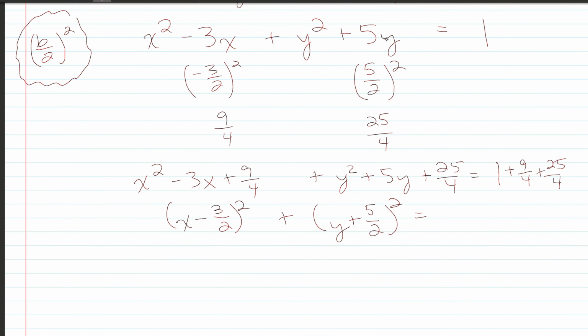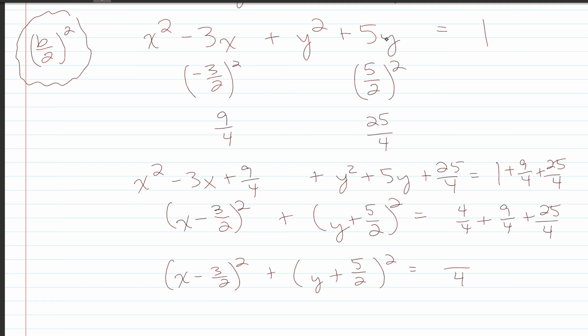Alright, and then next over here on the right side, I'm going to do it step by step. As you see here, my denominators are 4 for each of these. So I'm going to make the 1 4 over 4 to make it easier for us, plus the 9 fourths, plus the 25 fourths. So I'll write this left hand side over x minus 3/2 squared plus the y plus 5/2 squared. And now we'll just add, they have the same denominator, so we can add 25 and 9 and 4.